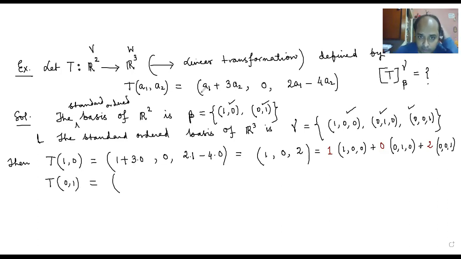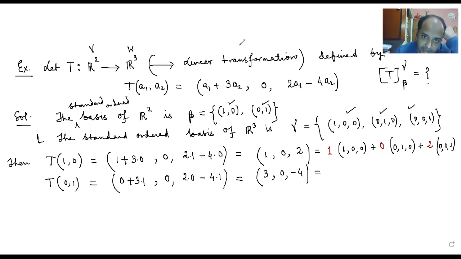Now we are applying the transformation on (0, 1). So for (0, 1) we'll get (0 plus 3 into 1, 0, 2 into 0 minus 4 into 1), and that would be (3, 0, minus 4).